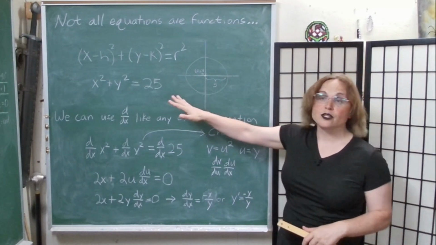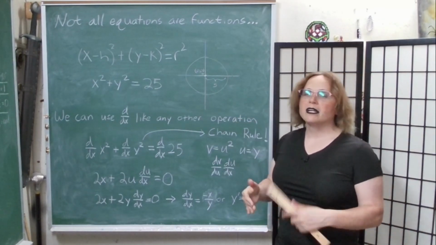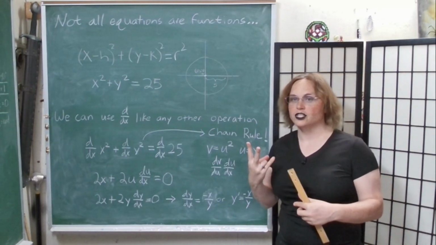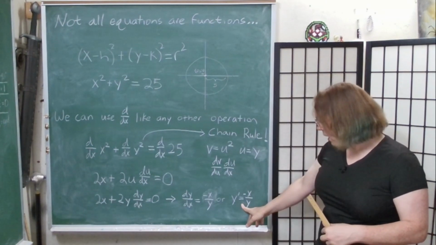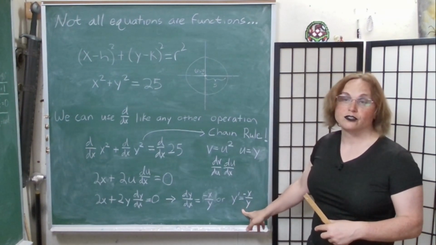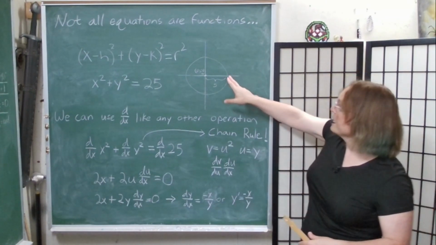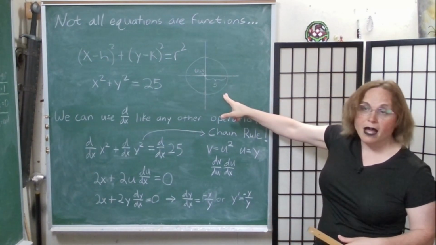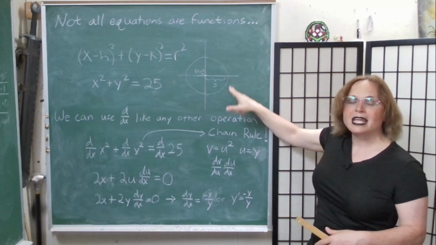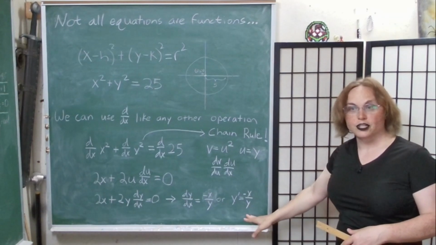In this situation, we absolutely can. But again, we end up getting two functions, so if I wanted to write this, I would still have to write this as two functions, because I would need the function for the top and the function for the bottom, and I would still need to know where it is if I wanted to write this in function notation.